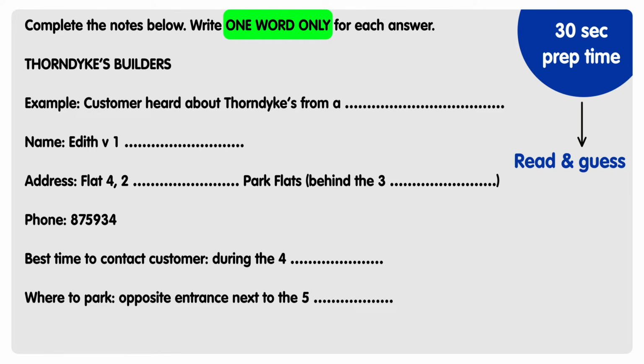For example, let's take a look at number 1. Number 1, it's name. The name Edith, and you should write the last name. And remember something, names will always be spelled out, all right, unless it's a very common name. So for writing someone's last name, just wait until the speaker spells the name.